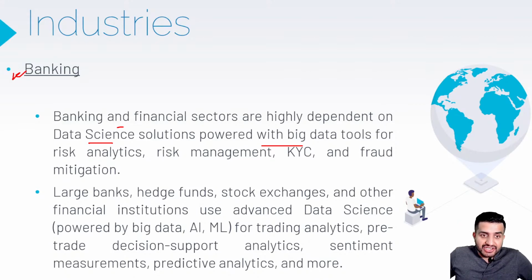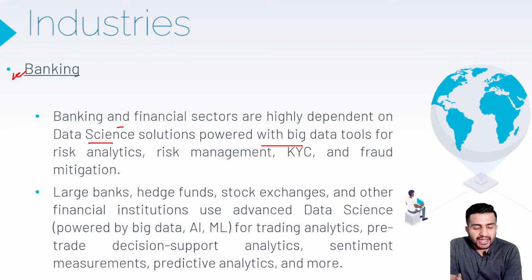So transaction level information, and when I have this many banking clients, I do have the demographic information and a lot of day-to-day transactions which are happening in and out of the bank and the accounts. It's very much data heavy. So data science plays a very huge role in banking and financial sectors. It's logical as well because it's hugely dependent on the numbers here.